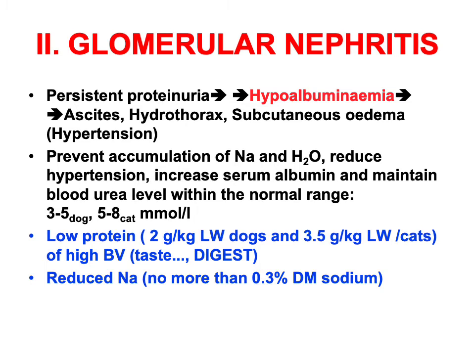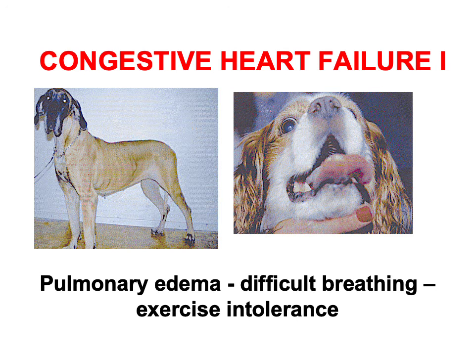This is the low protein, and what is crucial, we have to reduce the sodium. The maximum can be 0.3% sodium in the dry matter. Remember that in a normal commercial pet food we can have even extra sodium chloride as a taste improving factor, so for that.